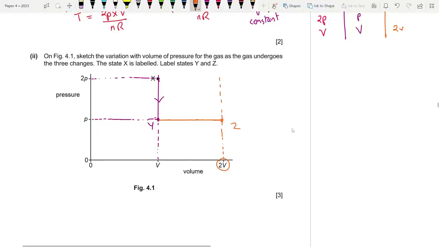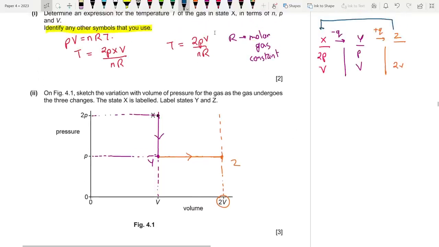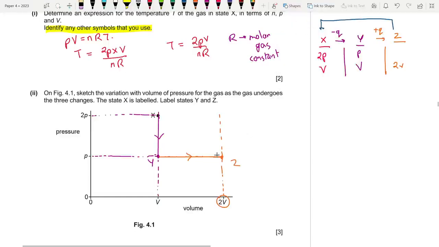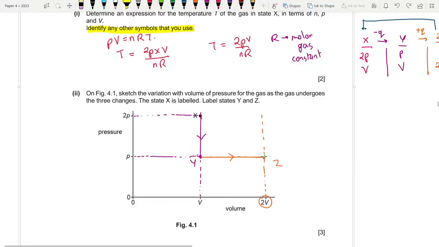And at the end of the journey, what happens? It will come back to its original position, which is X, right? So at the end of the journey, you can just draw a line like this, an arrow. Actually, a line would be preferred. Here you go.